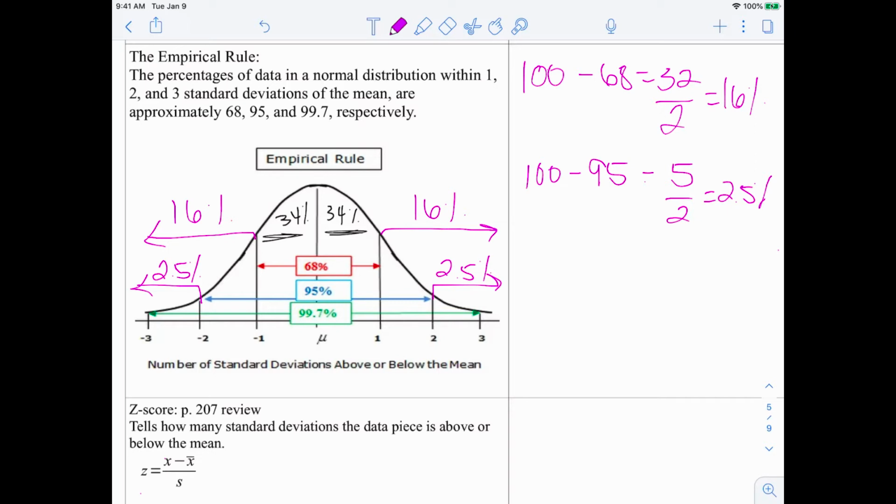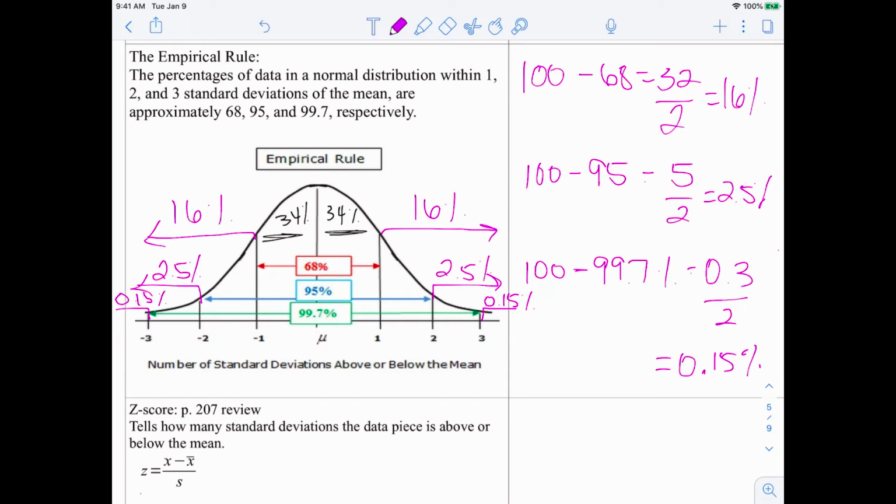And then same thing for the 99.7. We have 100% of the data, and if I subtract 99.7% of it, we end up with 0.3. Again, it's even on both sides, so if I cut that in half, we end up with 0.15%. So above 3 is 0.15%, and below -3 is 0.15%.